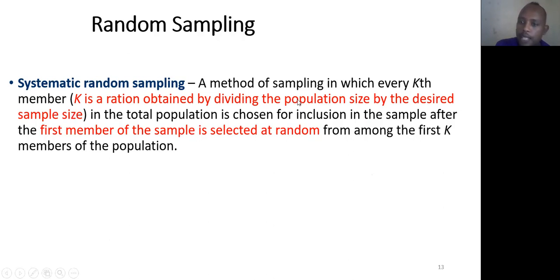When we divide population size by sample size, we obtain one number, that is k. And we select our sample by jumping or skipping case members. We include every kth case member. And what makes systematic random sampling random is that the first member is selected randomly.